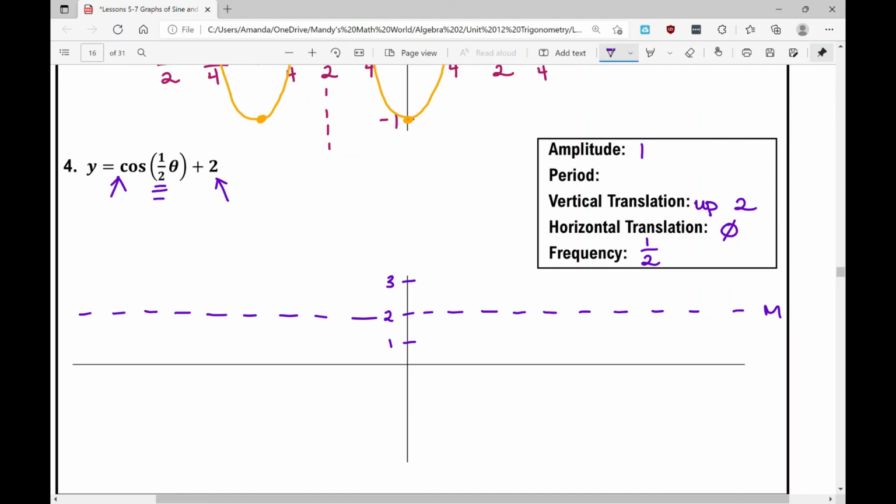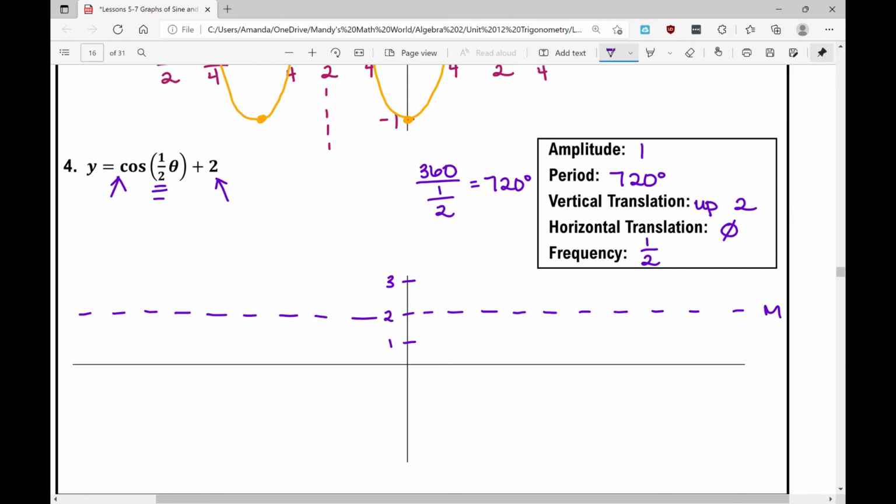So how do I find the period? I take 360 degrees and divide it by 1/2, which is the same thing as multiplying by 2, which is 720 degrees. So one period in this case is 720 degrees.